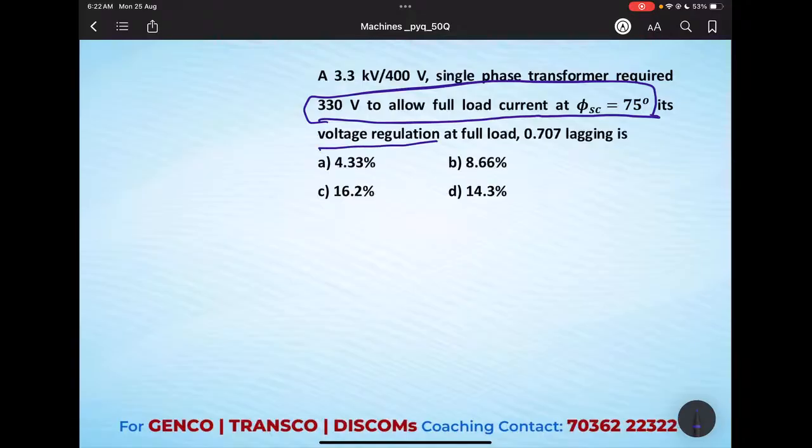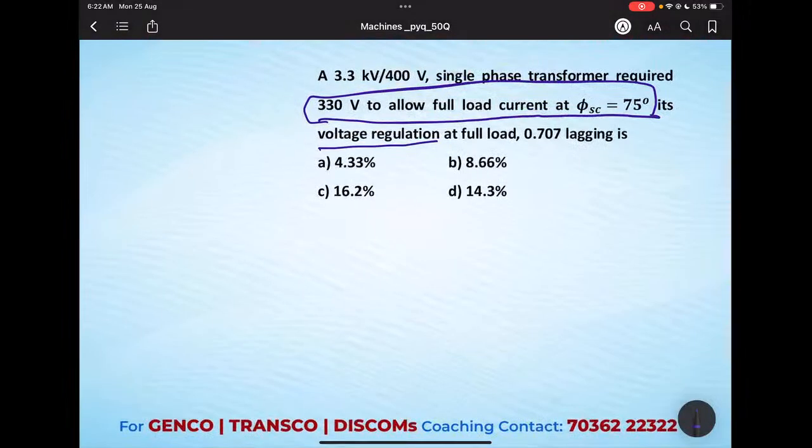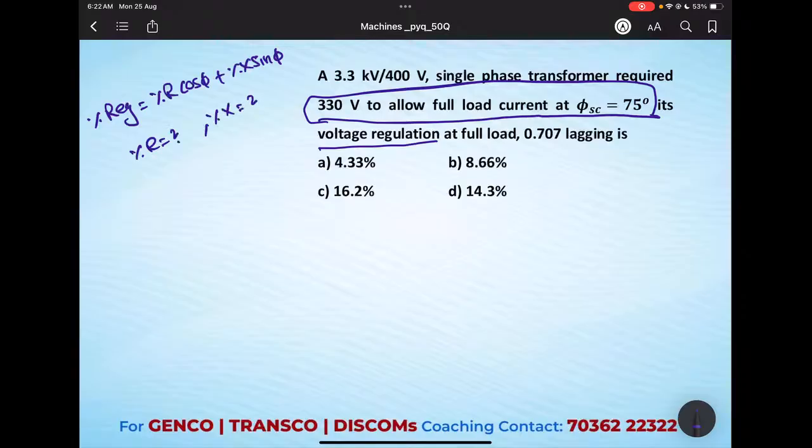Voltage regulation. First we will note down the formula related to voltage regulation. Percentage voltage regulation is equal to percentage R cos phi plus percentage X sin phi. In order to calculate this regulation, we need to calculate percentage R and percentage X. What is the relation between the short circuit test and the voltage regulation?